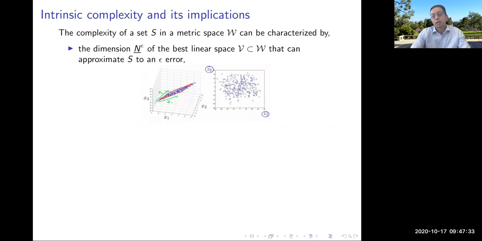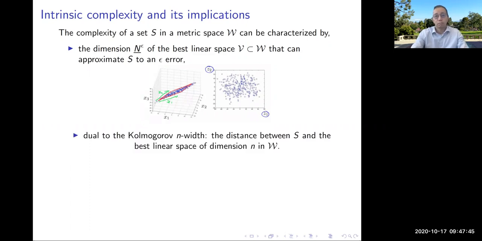If you do, then the next step is how you find it. It may not be an easy job, but at least it gives you hope that you can do effective dimension reduction. This characterization is due to Kolmogorov, which people have used in information theory and many other disciplines, and it is about a dual question.